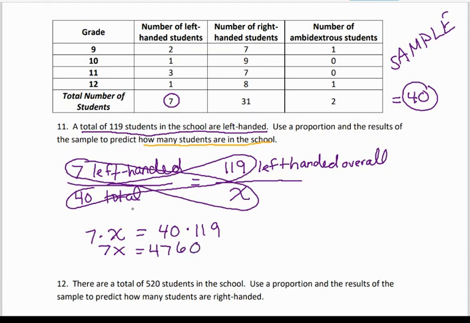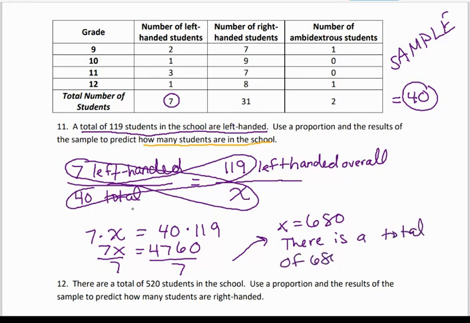And what's my last step? Divide by 7. Exactly. So when I divide that 4,760 by 7, did anyone get an answer? Good, 680. So what does that mean? There is a total of 680 students in the school.